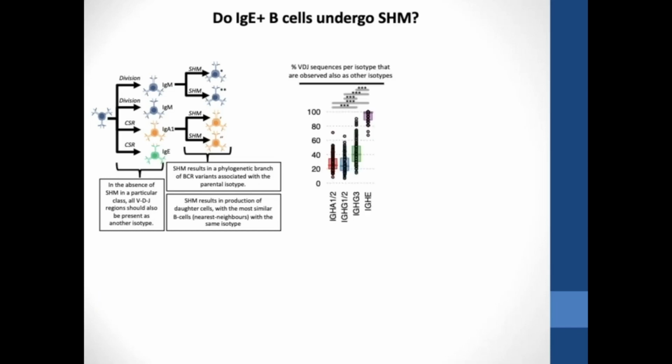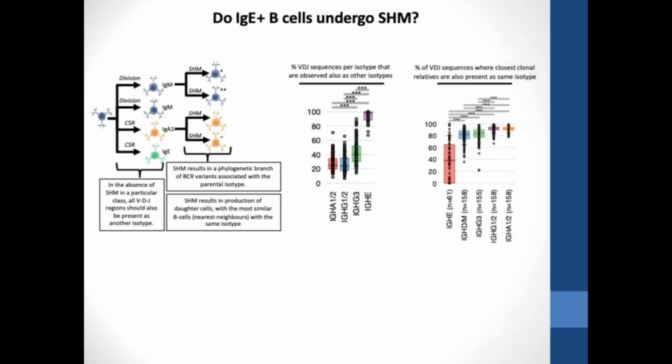So to test whether IgE B cells could actually undergo somatic hypermutation, we asked the question of, do we actually see the majority of IgE cells present as another isotype, so the VDJs in these IgE cells present as another isotype, or do we see that they form phylogenetic branches in their clonal trees due to somatic hypermutation?